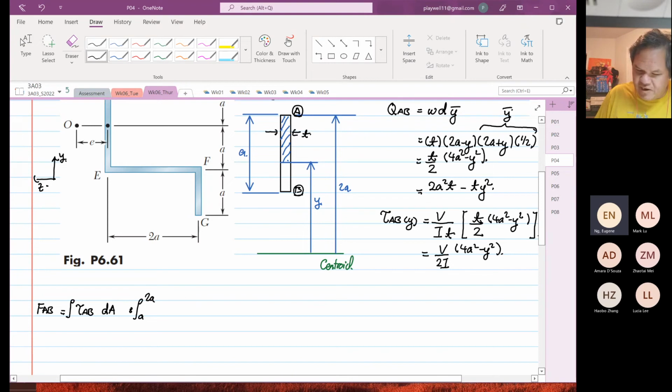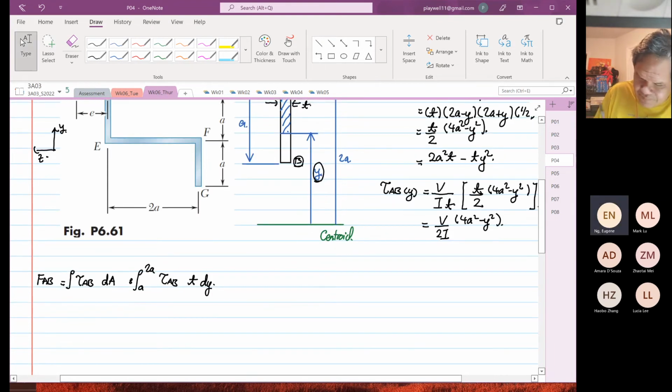So the limits are A to 2A, shear AB, and the thickness is constant, it's only dy that is changing. The y is the variable that is moving. From here you just do the math, and your math is better than mine.